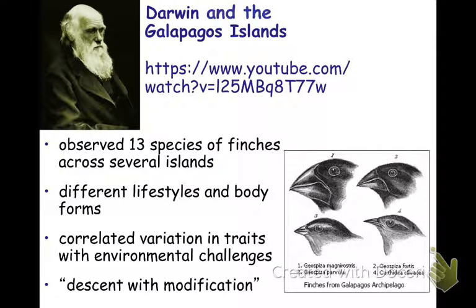That correlated with the kind of environmental challenges they were facing on that particular island. Meaning, one island was nice and green, there were lots of trees, and so there was a finch that would be able to access insects from the grooves of the bark of the tree, and so it had a thin, sharp beak.